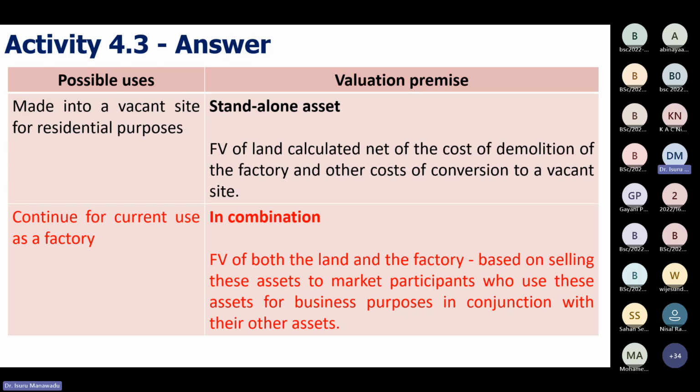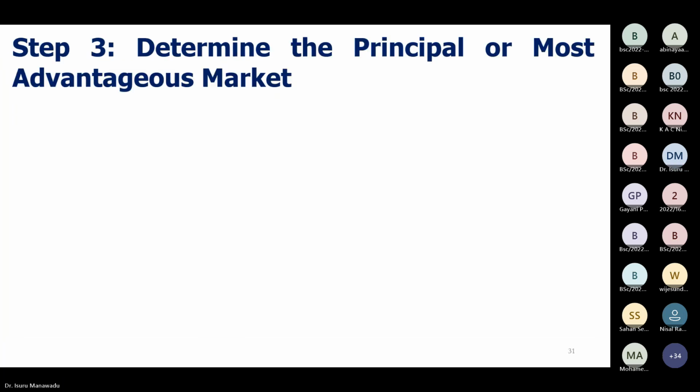So the first possible use is made into a vacant site for residential purpose. Then the fair value is calculated for the land this way, net of the cost of demolition of the factory and other cost of conversion into a vacant site. Vacant site. So that's the fair value. I hope you understood this.